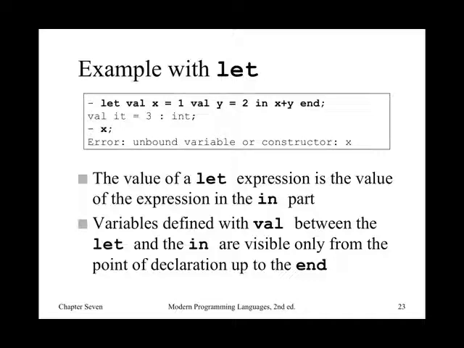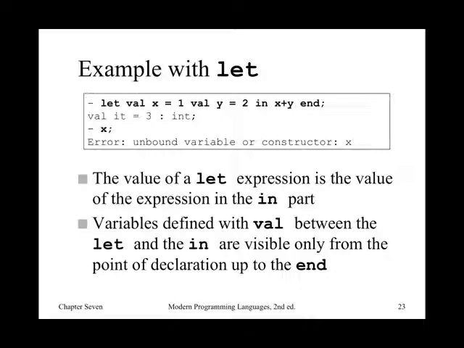So here's an example, right? You've got the keyword let again. You've got val x equals 1, val y is 2, and then here comes the in, and then there's the expression x plus y. What this little screen grab from SML is showing you is the value of it is 3, right?